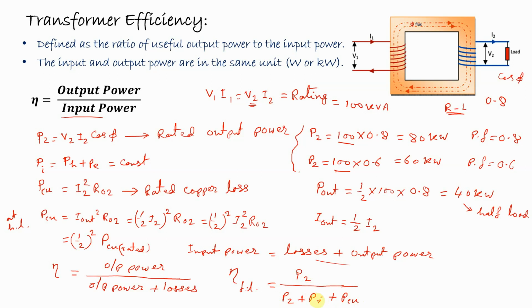And we know that there are two types of losses: one is the iron loss, another is the copper loss. So this is the formula to find the full load efficiency of a transformer. If we want to calculate the efficiency in terms of percentage, then we have to multiply by 100.